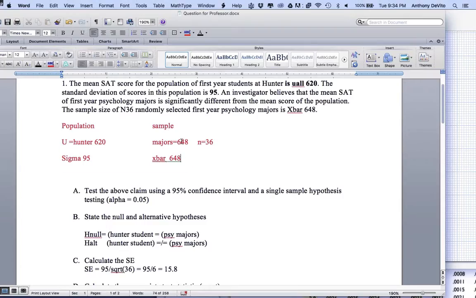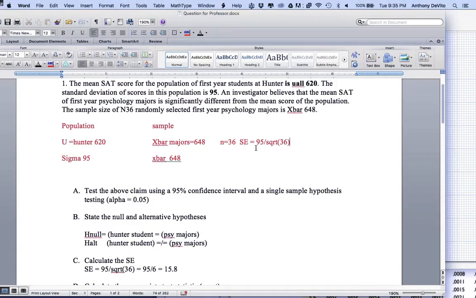What do we know about psych majors? We know that the mean, X bar, of the sample is equal to 648. We know that the sample size is 36, and we know the standard deviation of the population. So we're going to assume the standard error is equal to 95 divided by the square root of the sample size, the square root of 36.